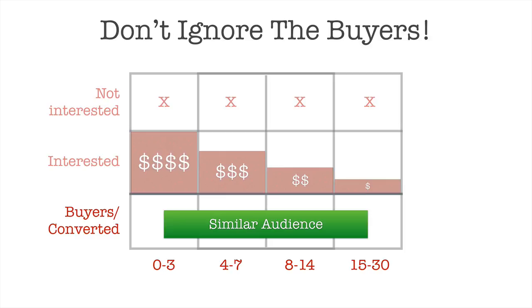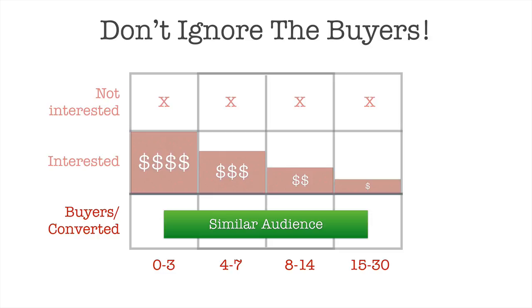Being able to create a similar audience of people that are similar to your buyers just makes absolute sense. The reason I highlight that is there are ways in both AdWords and Facebook where you can build that interested audience without actually building a separate audience of your buyers.